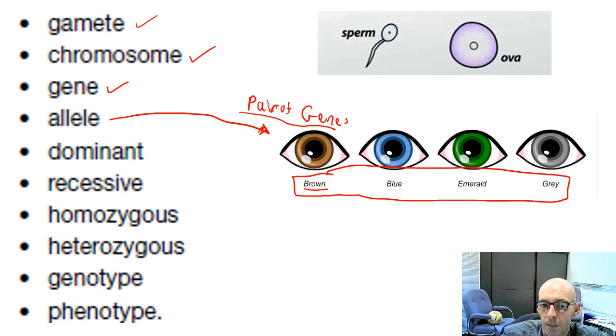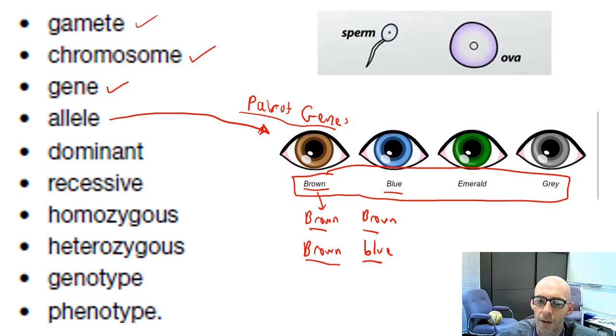Maybe you received the brown allele, maybe you received the blue allele, maybe you got two copies of the brown, so you got from your mom a brown allele, and from your dad you also got brown. So on your chromosomes you've got two instructions to have brown eyes. Another person might have got a brown gene from their mom, but then from the sperm of their dad they might have got a blue gene. So then they've got two different ones. That doesn't mean they have one brown eye and one blue eye.